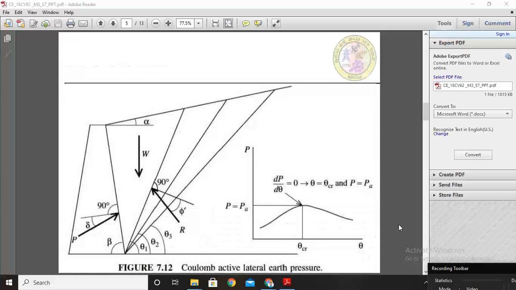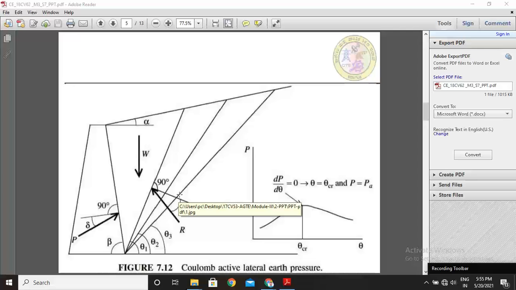See, this is figure 7.12, the Coulomb active lateral earth pressures. This is the retaining wall, and this is the backfill, with the ground surface sloping at an angle alpha. This is the back face of the backfill, and these are how the normal force and shear force are acting. This P we are locating at an angle delta, and the retaining wall we are plotting at an angle beta.